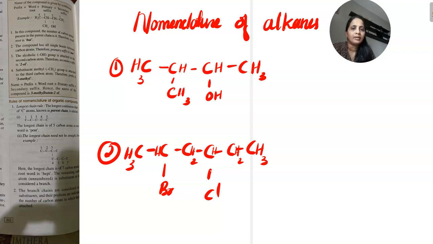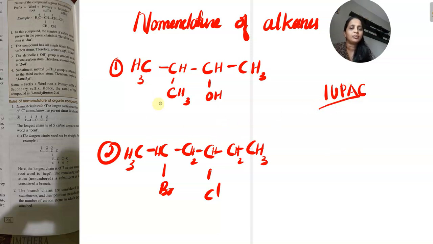Organic compounds also have names based on IUPAC, the International Union for Pure and Applied Chemistry. As per IUPAC rules only, we are naming these carbon compounds or organic compounds.